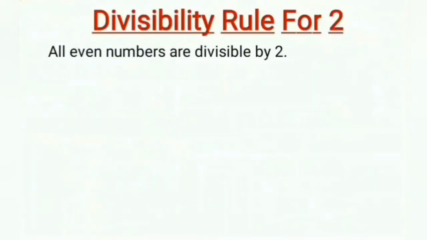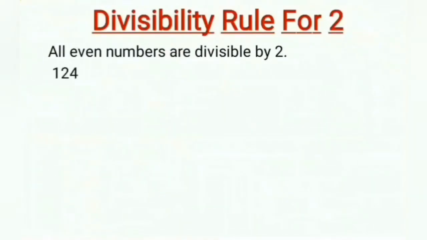Divisibility rule helps us to determine whether a number is divisible by another number without actually carrying out the division. Divisibility rule for number 2. All even numbers are divisible by 2. An even number ends in 0, 2, 4, 6 and 8.